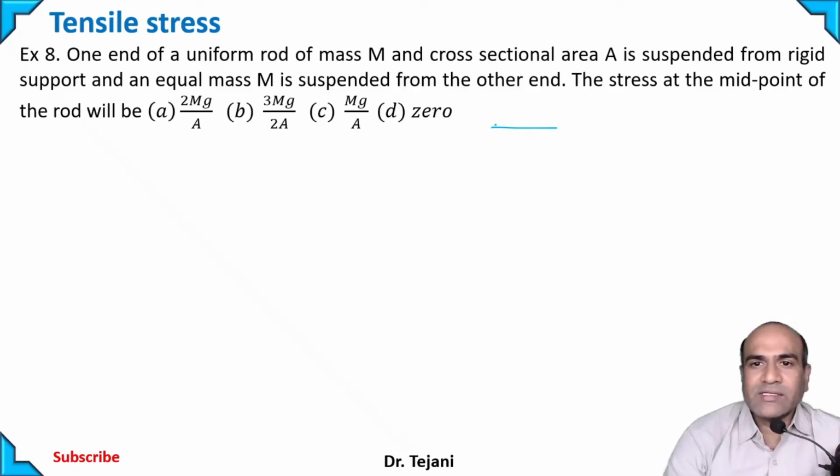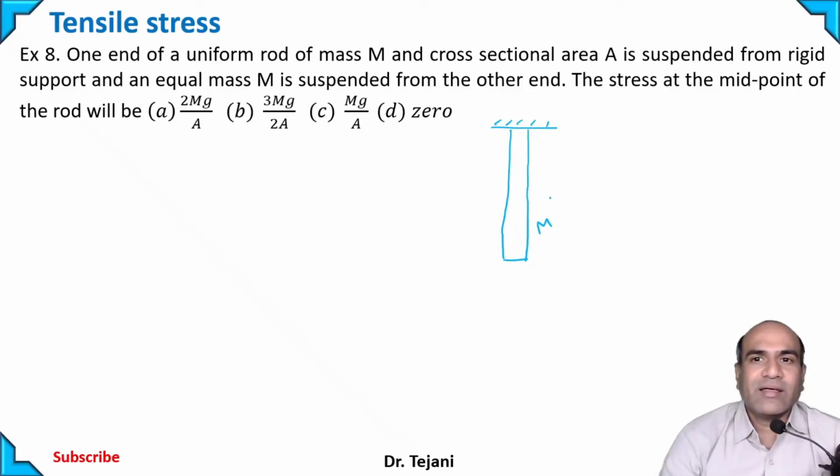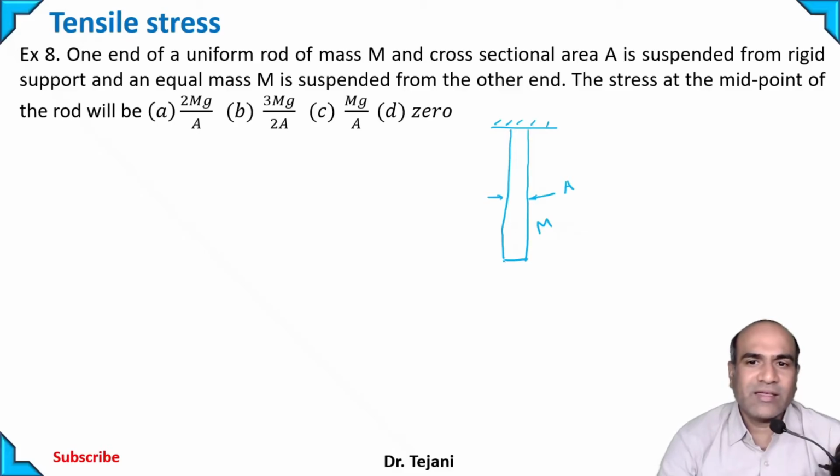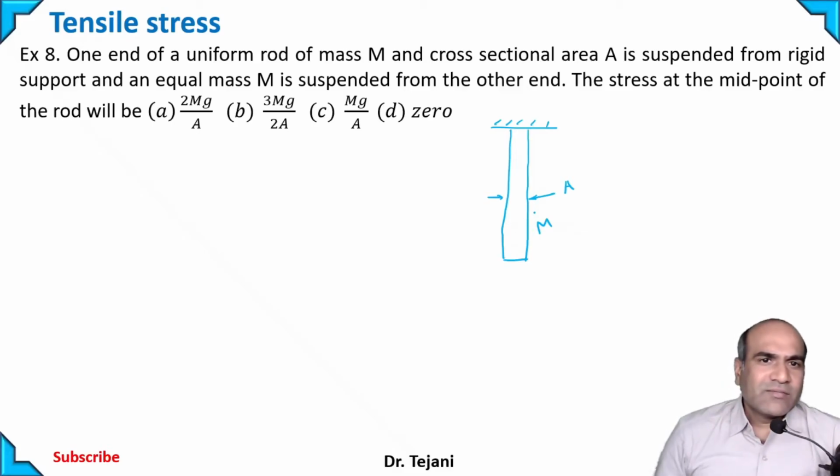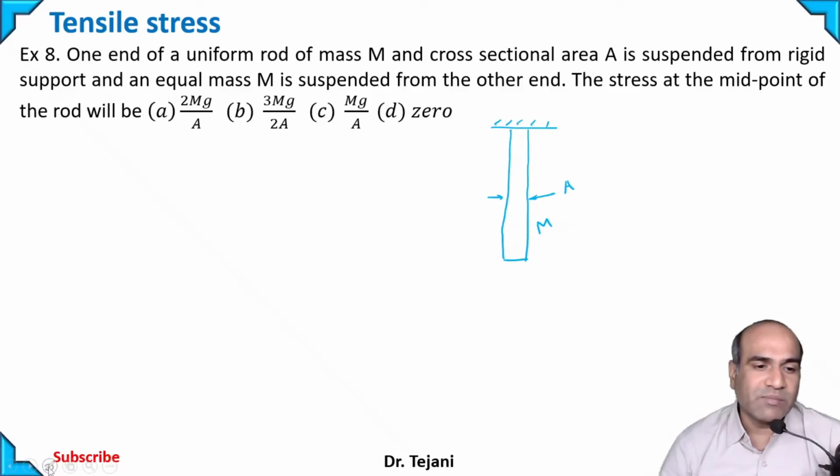Say for example, this is a bar suspended from a rigid support, and it has mass m and also a cross-section area. If we cut this section, it has area a. So suspended and equal mass m. See here, there is one more twist. Something additional is given.